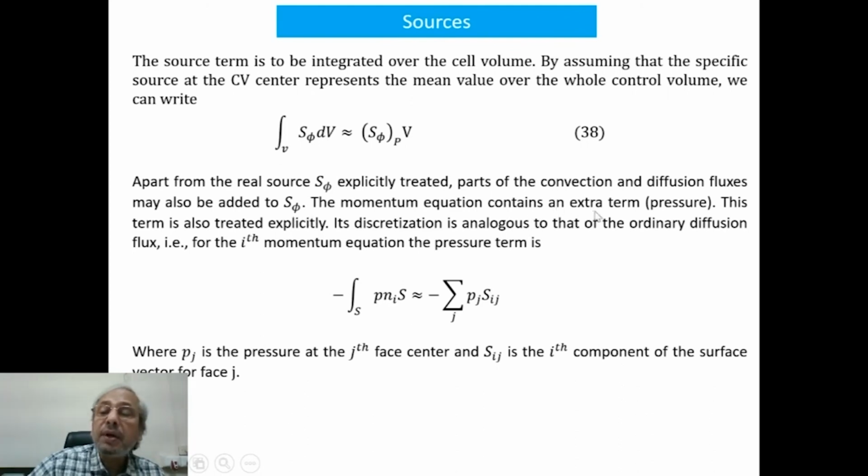Momentum equation contains the very important term, which is pressure. Now this term is also treated explicitly.